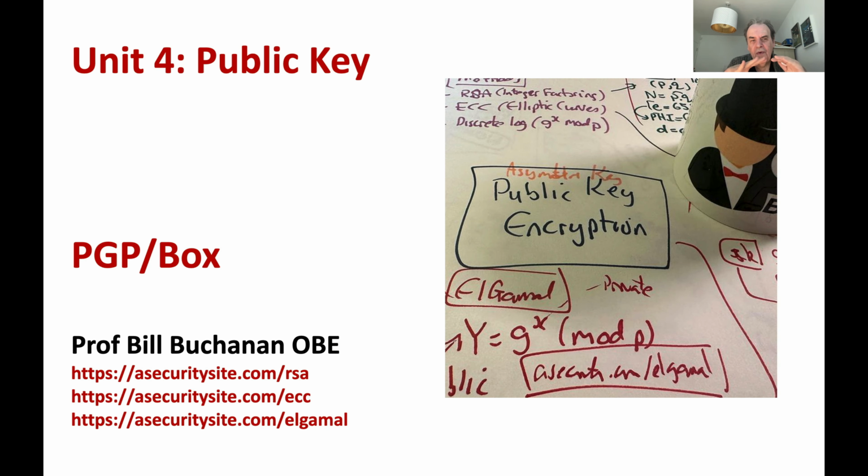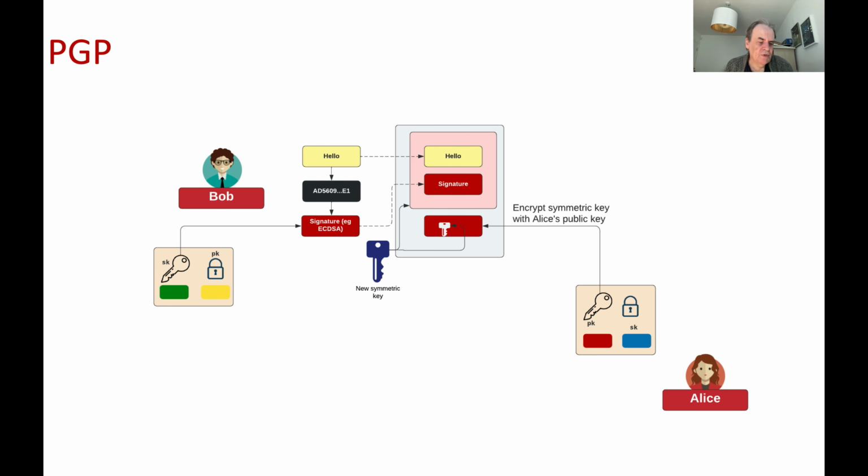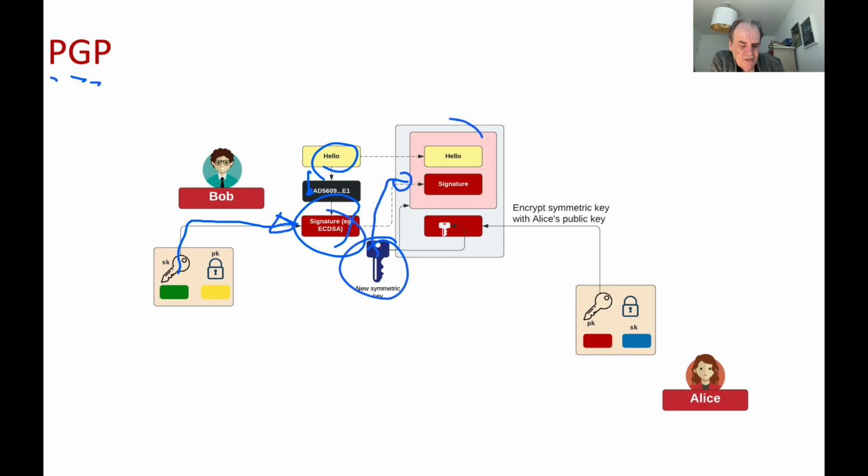Now let's look at how the methods of encryption and signing can actually work together. So an example is with Pretty Good Privacy. So in this case, Bob takes a message that he wants to send to Alice. He then takes a hash of the message and creates a signature using his private key. Next, he'll generate a new symmetric key and then encrypt the message and the signature together.